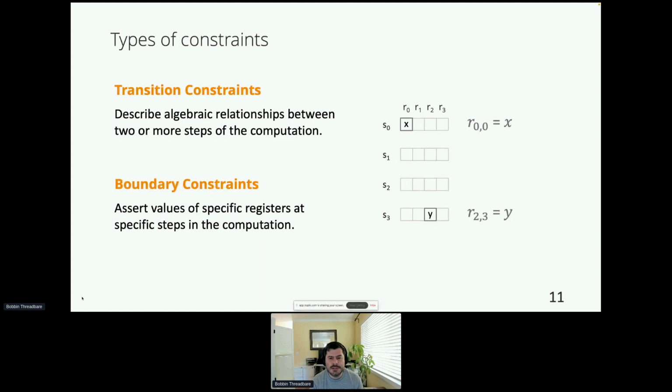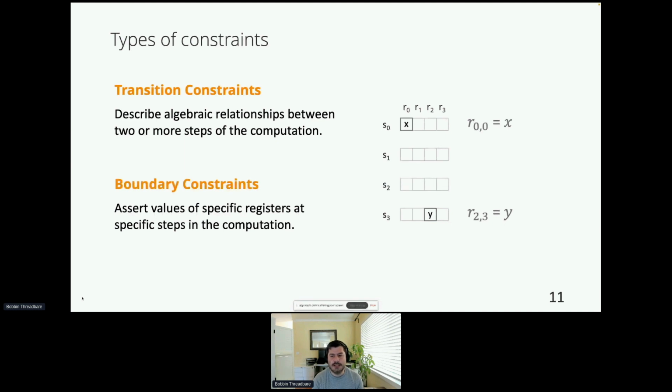Can you explain how these constraints are represented within a STARK? What math is used? If we think from a theoretical standpoint, they're just algebraic expressions. They're expressions about polynomials. How you code them up is different. In Winterfell you code them up using Rust, and in some cases you may have a DSL that could be used to describe those constraints.